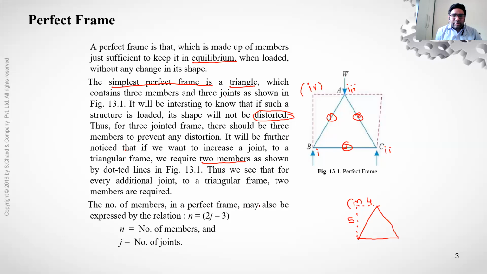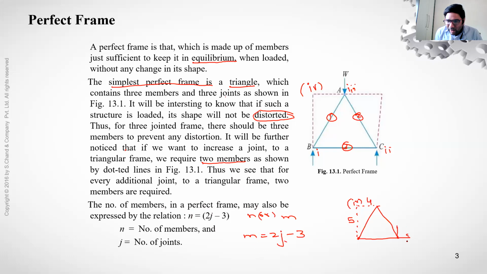So the number of members in a perfect frame may be expressed as m is equal to 2j minus 3. All of you please see carefully how we got the formula. m is equal to 2j minus 3. j is the joint.